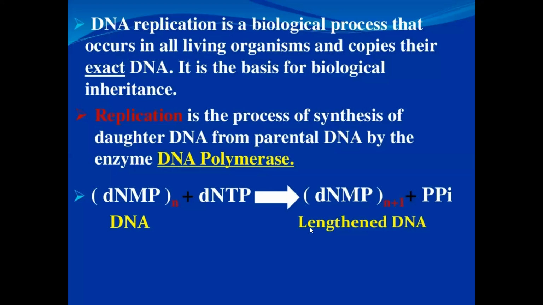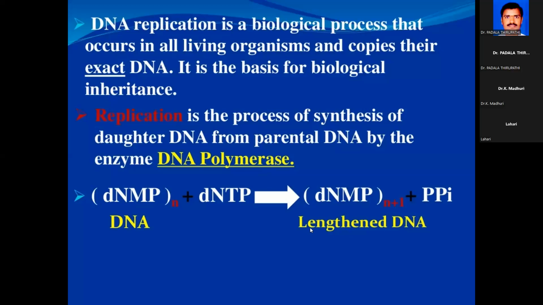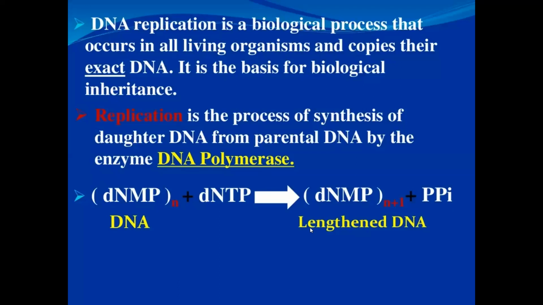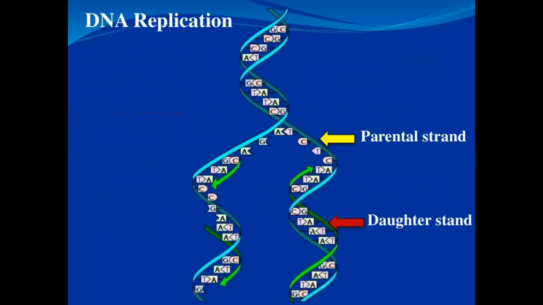These monophosphates in n, that is indefinite, are attached, and deoxyribonucleotide triphosphate gives rise to dNMP n plus 1 plus PPi. PPi represents pyrophosphate. So no confusion here. This is the formula for the simple DNA going to the lengthened DNA.